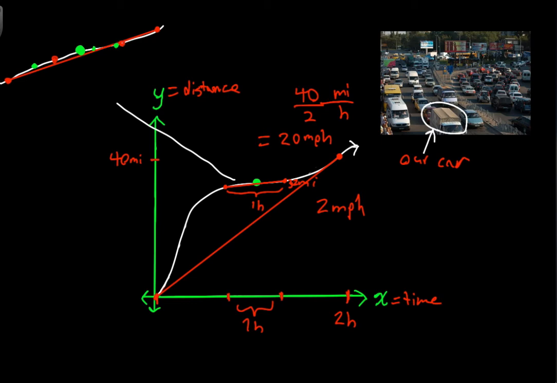And as you'll see, as we make these intervals smaller and smaller, we're reducing the number of speeds that we're averaging out, and in turn you can think of reducing the variance of the speeds within that interval. When we have a line, we know the speed is constant, so all points have the same speed. But when we have a curve, there's some average speed, and all points contribute to that average.